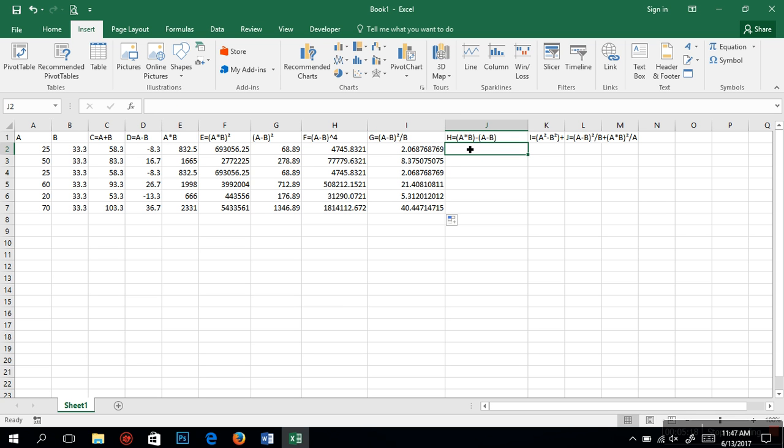Now the next one is H equal to A times B minus A minus B. Now we check if we have A times B. We have A times B. We have A minus B. That means we can solve this. Equal to A times B minus, where's our A minus B? This is A minus B. Click enter. It gives us the value.